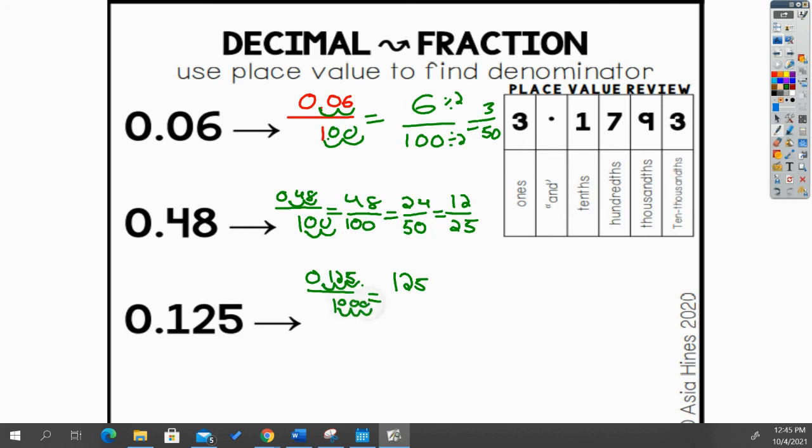Fill these in with zeros. Now it's 125 over 1,000. If I go ahead, I can simplify this. If I divide the top by 25 and the bottom by 25, I can get my answer. Simplify. And that would be 5 over, I believe it would be 5 over 40.